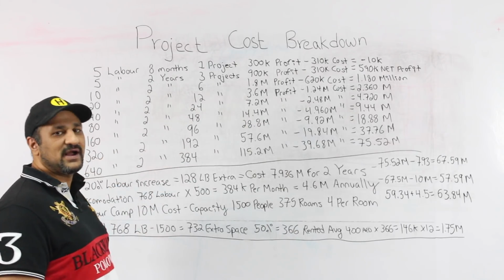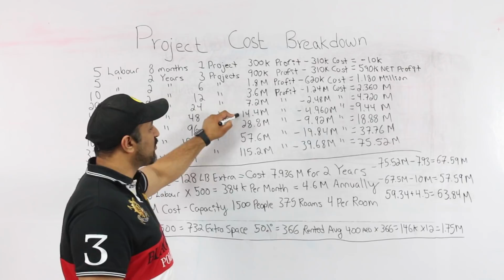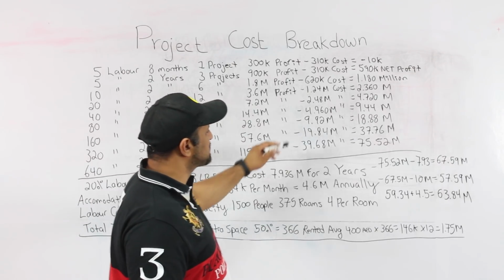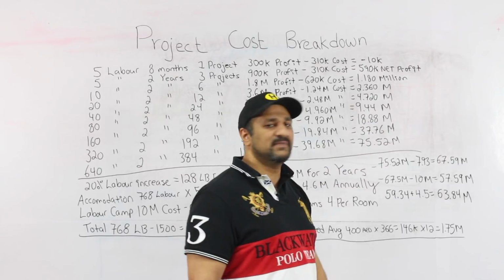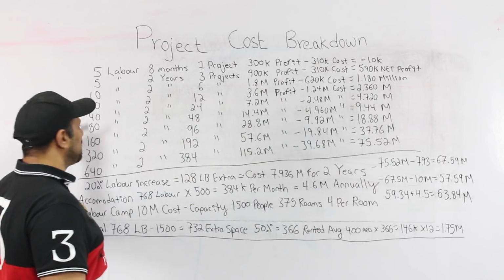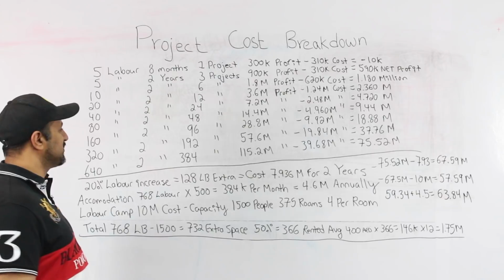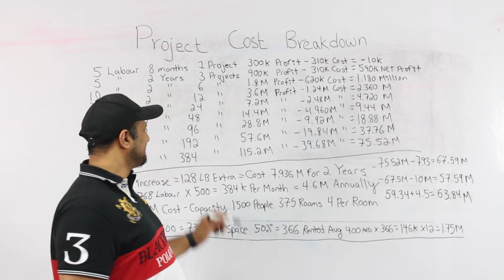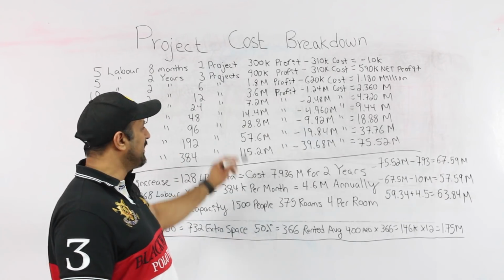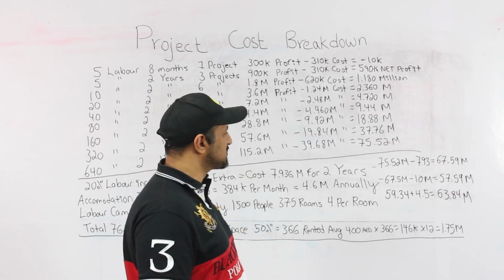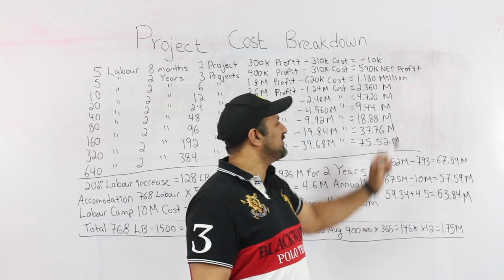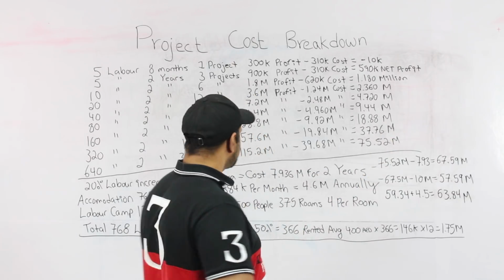They're doing 48 projects. 14.4 million is our profit minus 4.960 our cost. We're making 9.44 million. Now, let's double it again. We have 160 laborers, 2 years, 96 projects, 28.8 million. Minus our 9.92 in cost, we're making 18.88 million in profit.